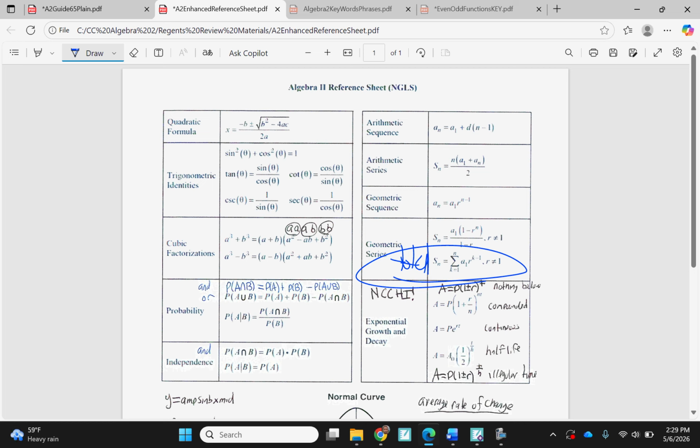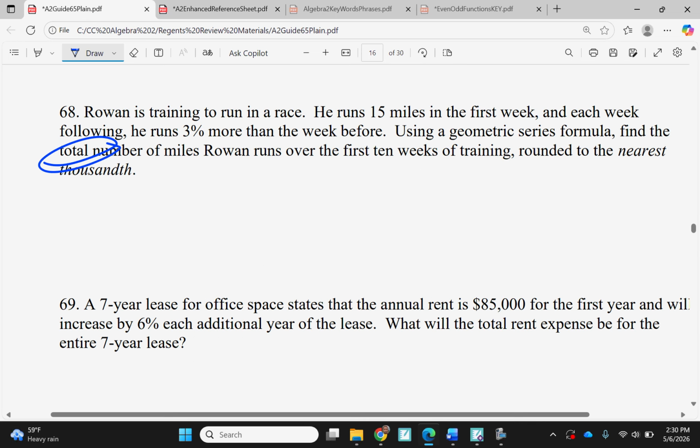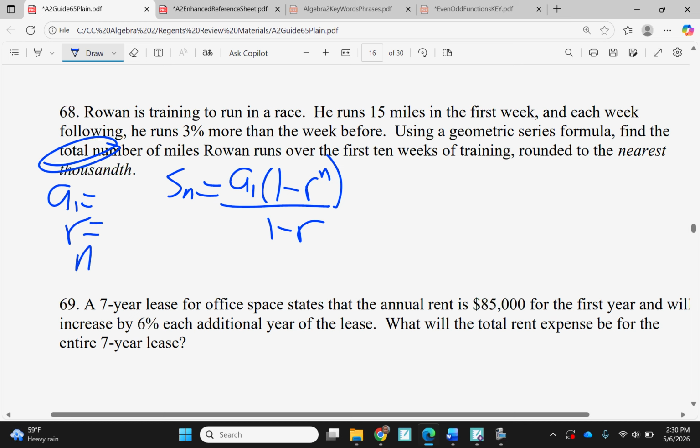Total is Sn, and specifically, I'm using my geometric explicit formula. So I'm going to write off of my reference sheet: Sn equals a1 times (1 minus r to the n) over (1 minus r). I need a1, I need r, I need n.